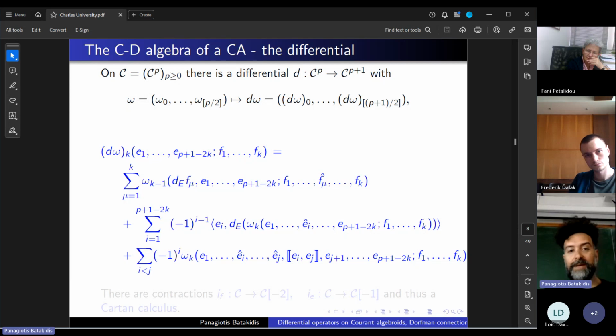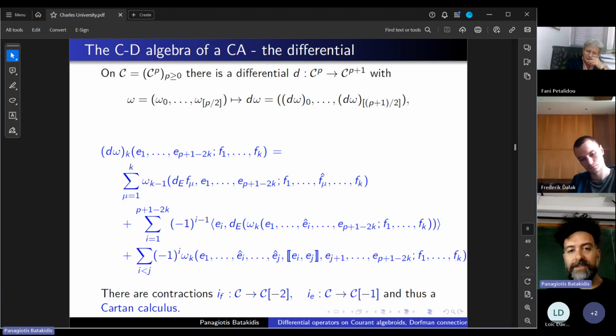Remember again that you have two types of variables for these sequences: sections of the Courant algebroid, and one forms. So there are two ways you can construct an omega like that, and both of these constructions become graded endomorphisms of this Courant Dorfman algebra. Eventually all three operators together, the two constructions and the derivative, and there is also a Lie derivative you can define, make up a Cartan calculus that you can perform in this Courant Dorfman algebra.